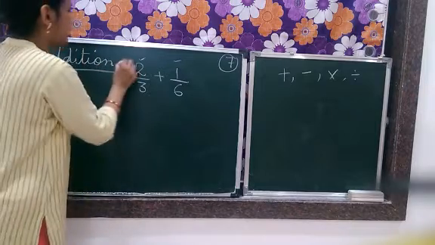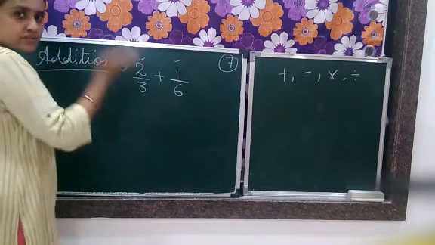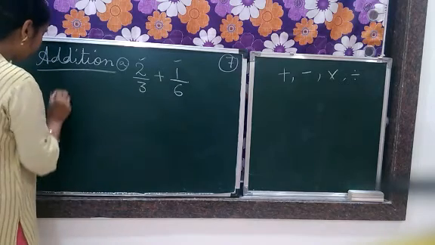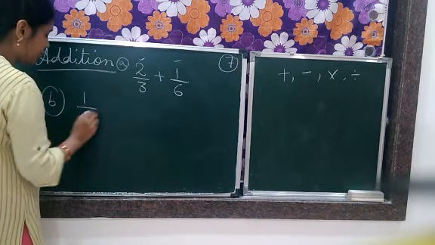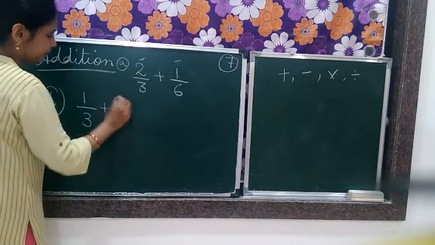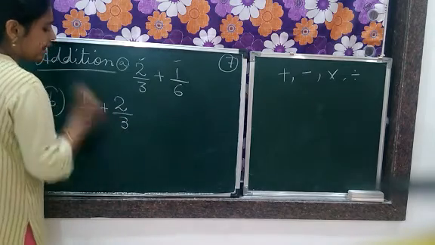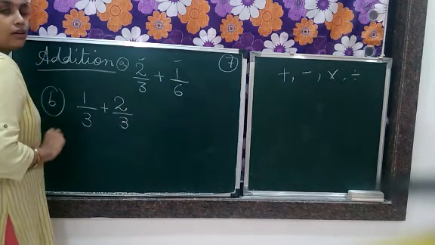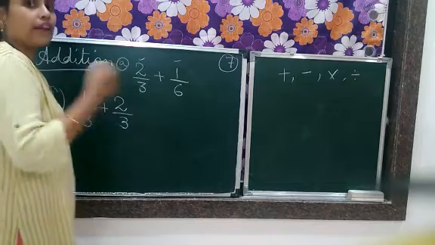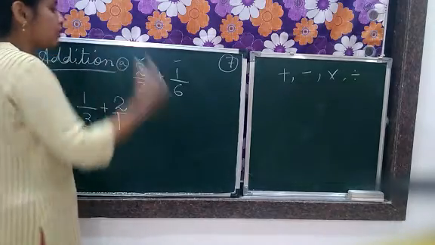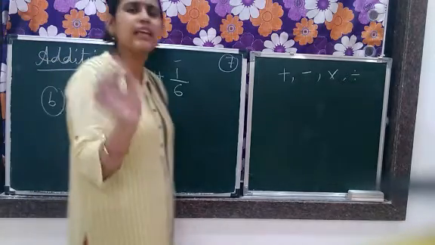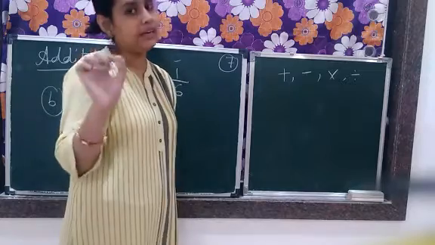So let's take another example. Before that I would like to do this example with you. Suppose this is an example, then how do we add this type of fractions or rational numbers? Because I said addition of rational numbers follows the same rule we follow in fractions.